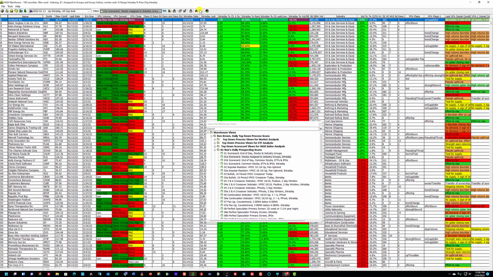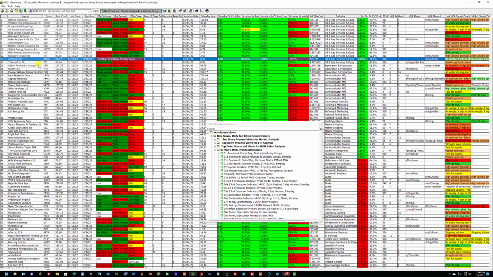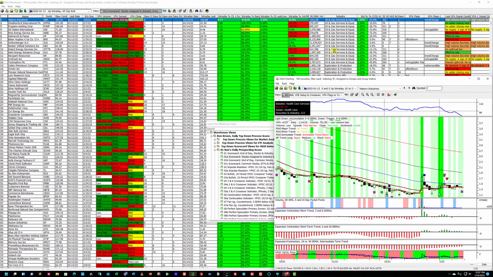I would sort on the industry group first. I'd do a secondary sort, go down to intraday, sort on intraday percentage price change, and then the stocks that have moved the most and are trading in the upper part of their range are going to come to the top of the list.